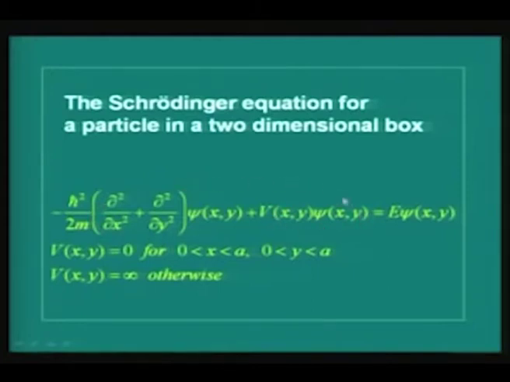So what you have on this side is the Hamiltonian acting on the wave function psi, giving you the energy times the wave function psi. Please remember that we have been using the symbol L, so please replace in your notes that it is 0 to x to L, 0 to y to L, and the potential is infinity everywhere except the box. This is the model.